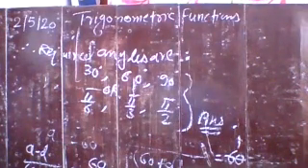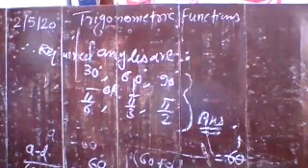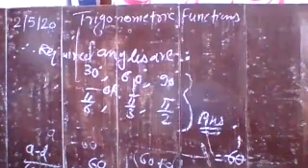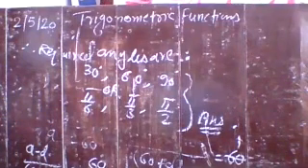Find the angle of the sector in degrees. Pi is equal to 22 by 7. That is given in your question.